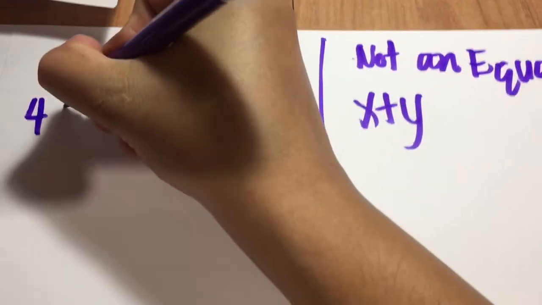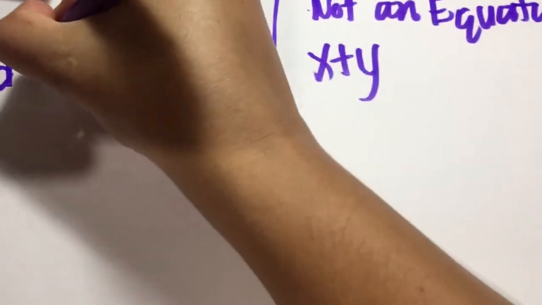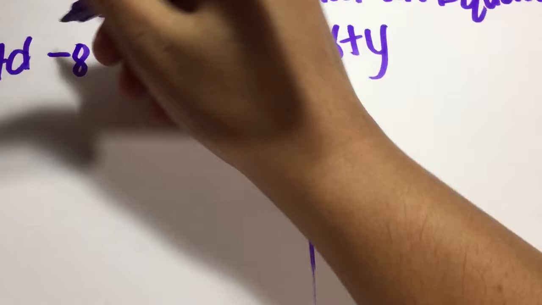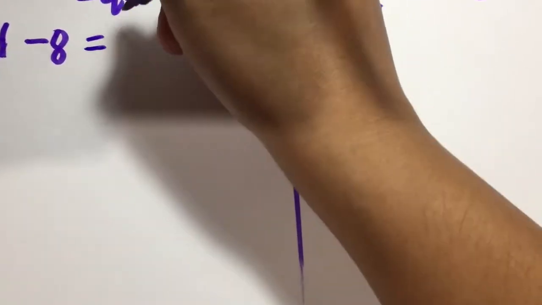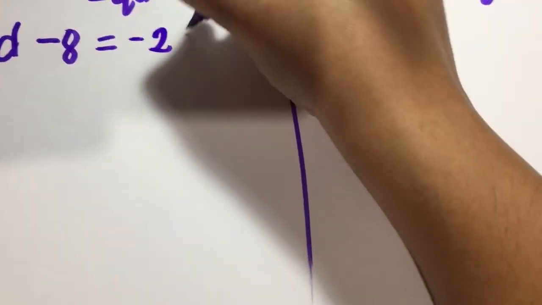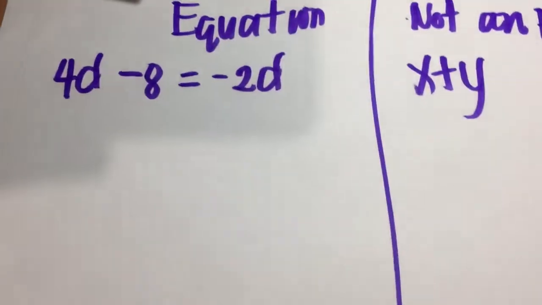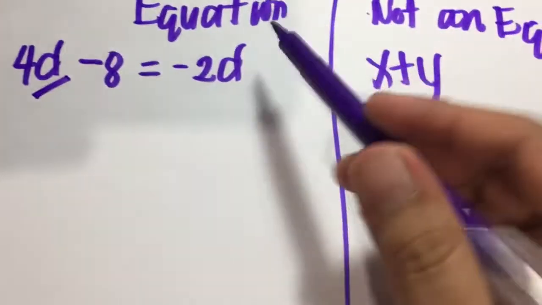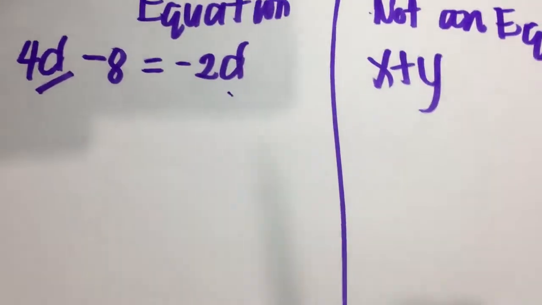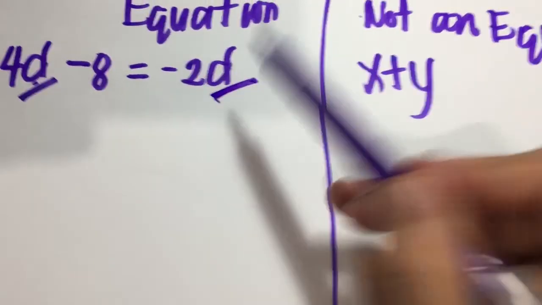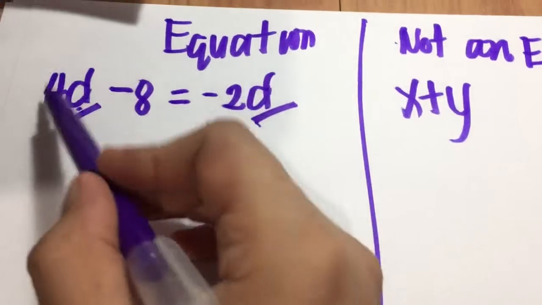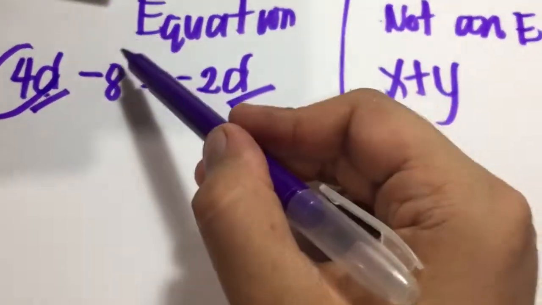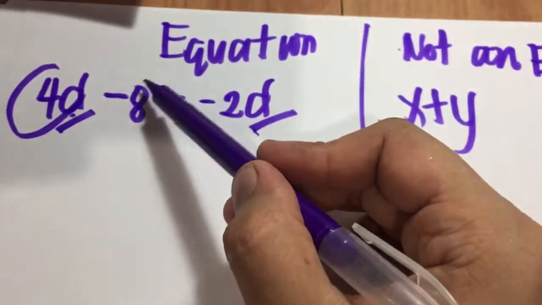Okay, this is an equation. As we said earlier, an equation has a constant and a variable. And of course, it has an equal sign. The variable here is the letter d, and the constants are the numbers 8 and 4.